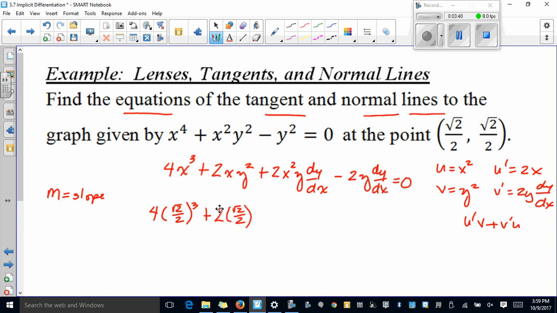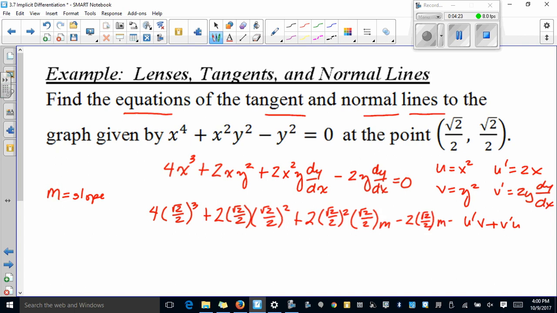Or can I just simply write it as square root of 2 over 2 squared plus 2 times square root of 2 over 2 squared times square root of 2 over 2 m minus 2 times square root of 2 over 2 m equals 0. Yeah, that kind of got scribbled in there.